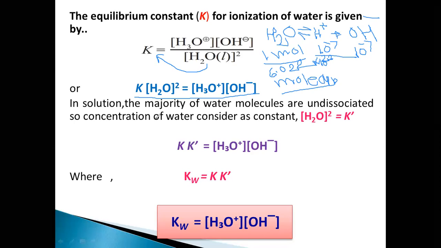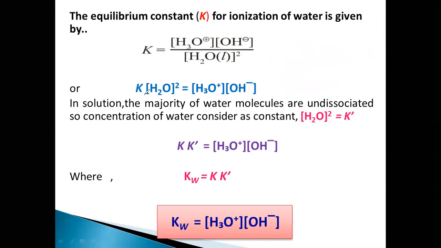So the large amount of water molecules remain in undissociated form. So that's why the concentration of water is considered as a constant. Understood?